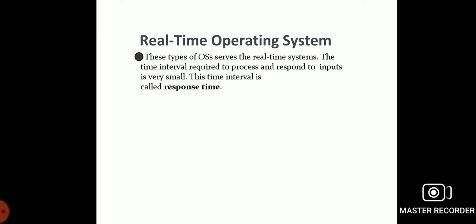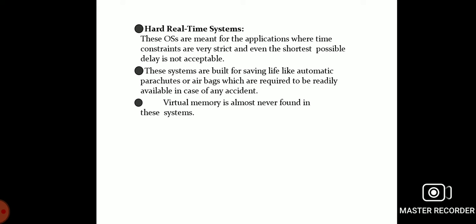This real-time operating system has two different types: the hard real-time system and the soft real-time system. What is the definition of soft or hard real-time system?